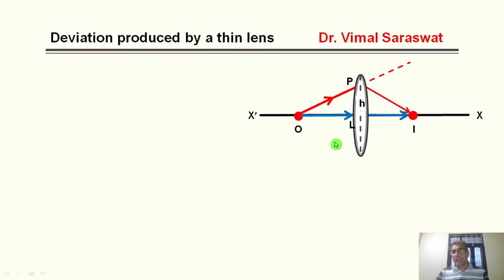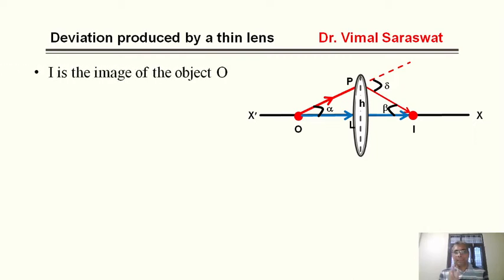Let LP equal H. This angle is alpha, this angle is beta, and this one is delta. So delta is the angle of deviation.